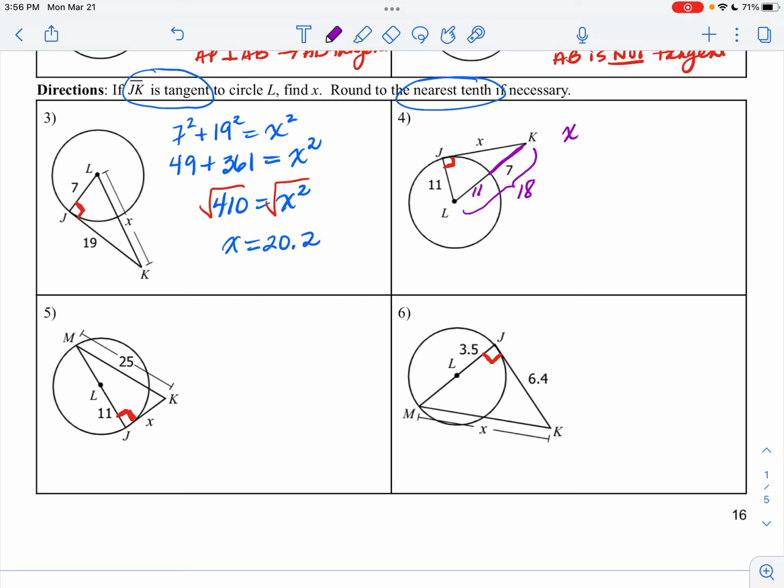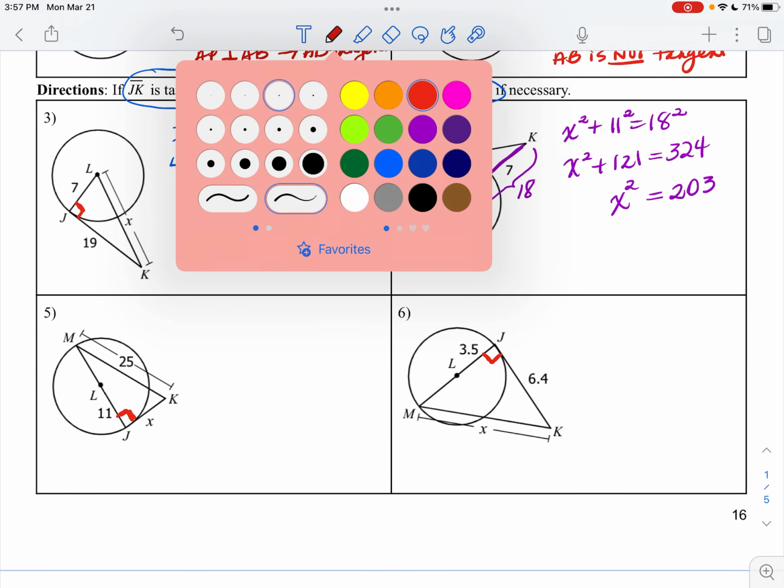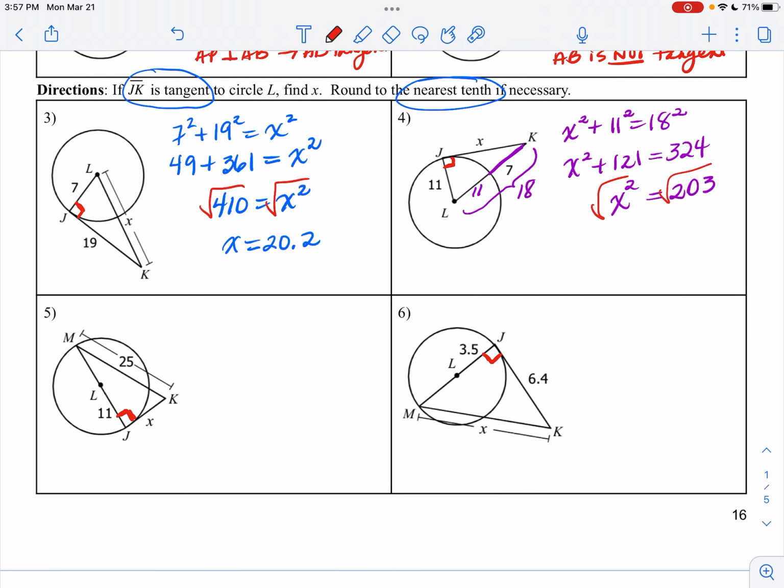And again, x squared plus 11 squared equals 18 squared. Pythagorean theorem, x squared plus 121 equals 324. Subtract 121 from both sides. X squared is 203, and take the square root of both sides. So x equals about 14.2.